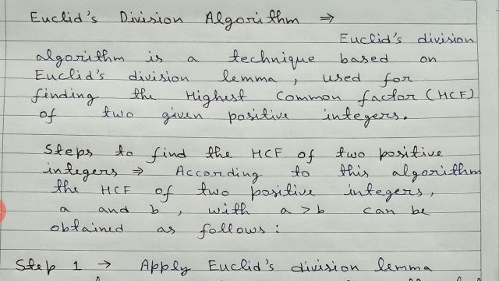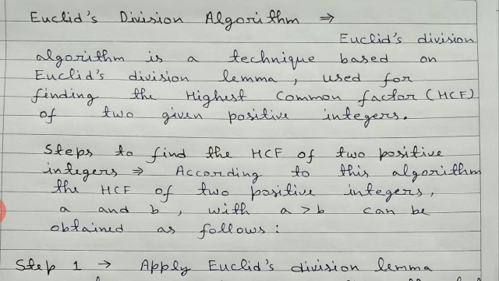Students, Euclid's division lemma and algorithm are closely interlinked. Euclid's division algorithm is a technique based on Euclid's division lemma used for finding the highest common factor of two given positive integers. Euclid's division algorithm, as the name suggests, has to do with divisibility of integers.